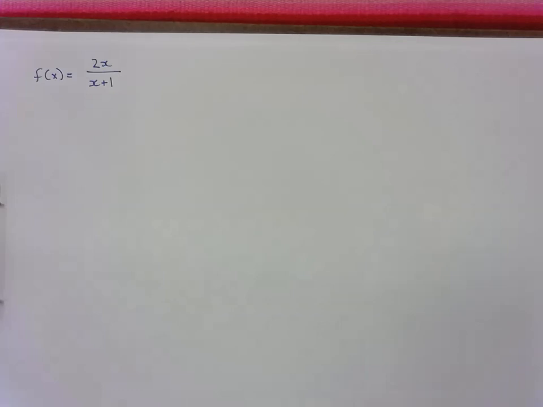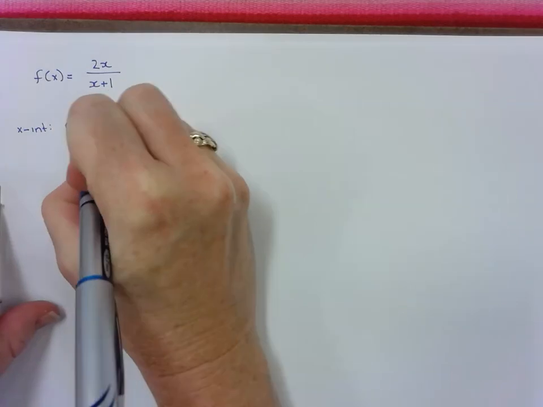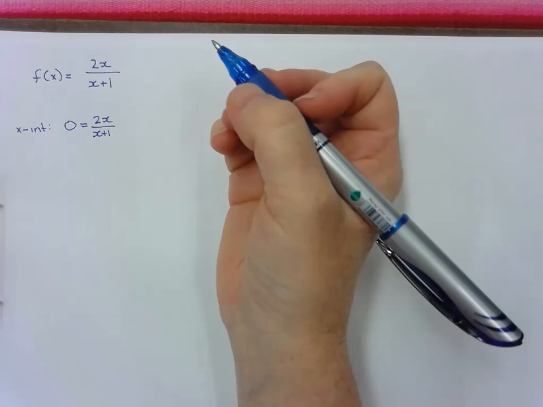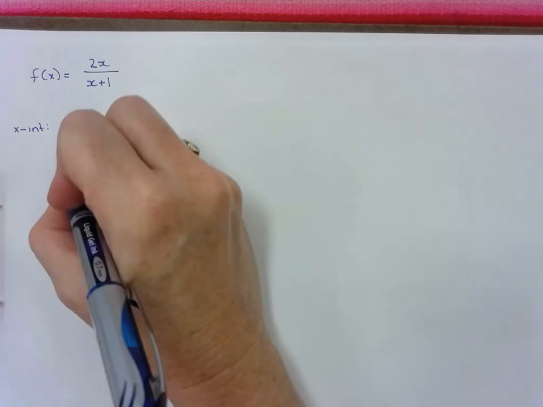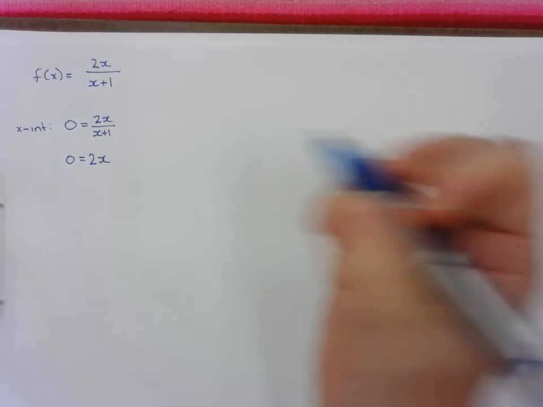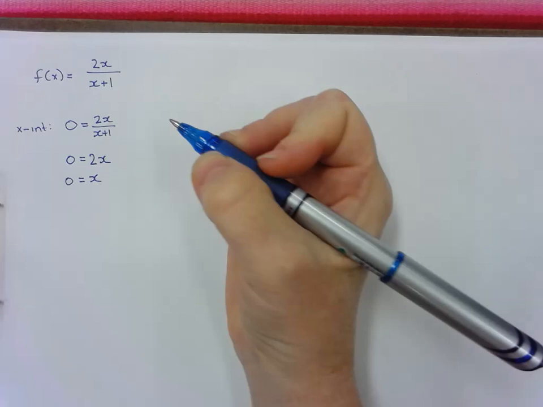So 0 is equal to 2x over x plus 1. Now we can cross multiply and solve for x. 0 times x plus 1 is just 0. So 0 equals 2x. We divide both sides by 2, so 0 equals x.